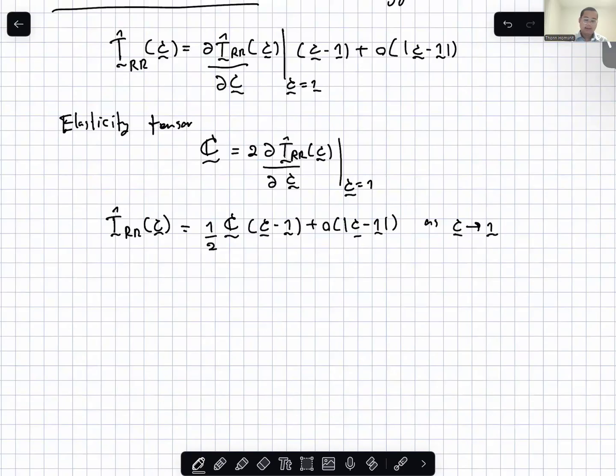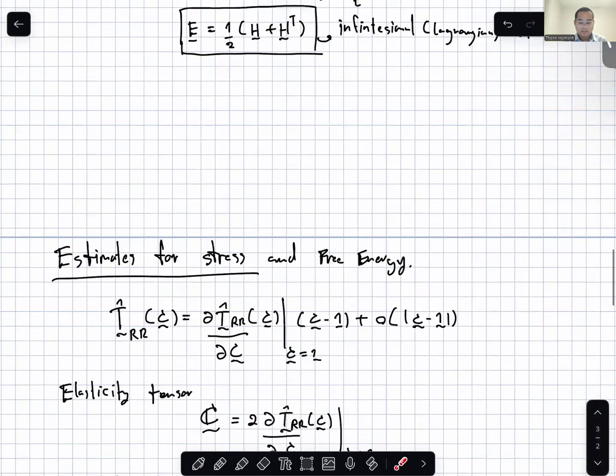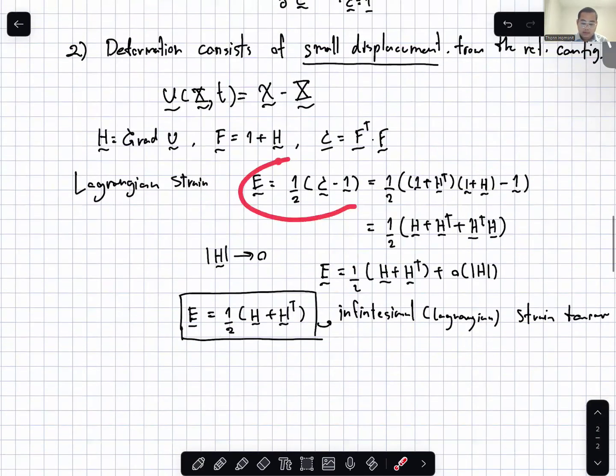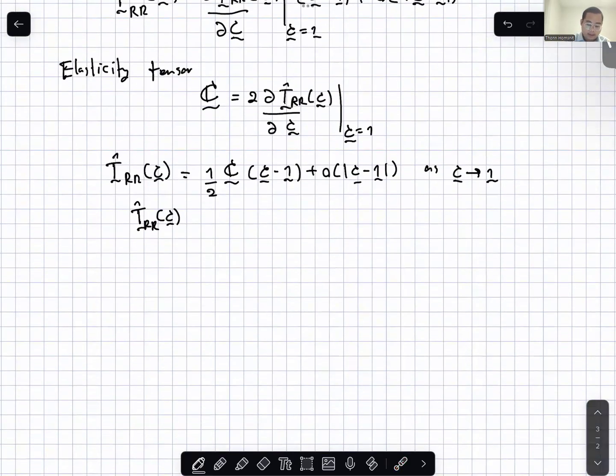So we can neglect the higher order term, but before we do that, we can simplify a little more, because we see that 1 over 2 times C minus 1 is just the strain tensor, the Lagrangian strain tensor. So we can write it like this too.